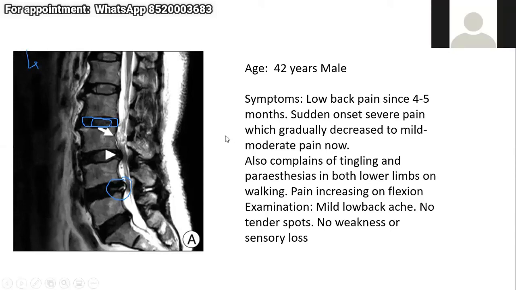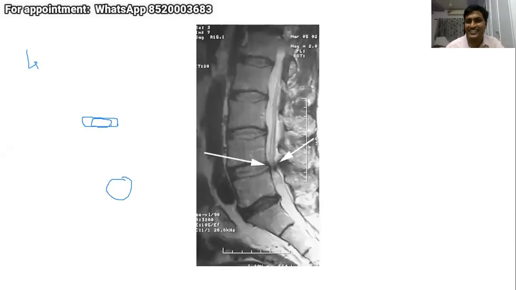Okay. Yeah, okay, fine. Last case, very simple one.